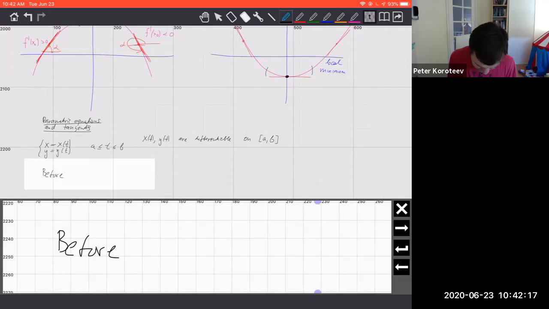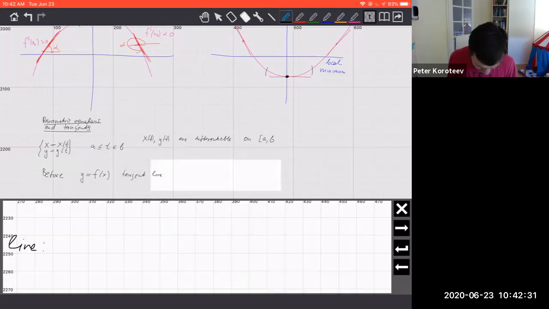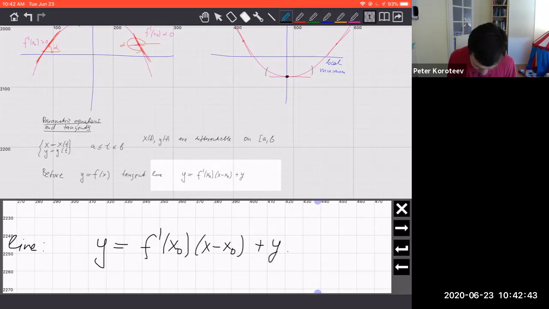When we had y equal to f of x, the tangent line was given by the following equation: y is equal to f prime of x0 times x minus x0, plus y0.